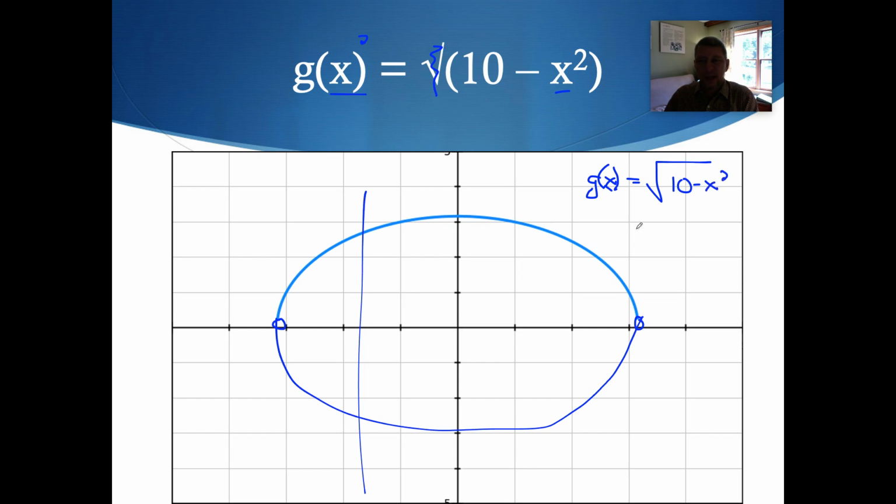If I square both sides, I still get 0 equals 10 minus x squared.